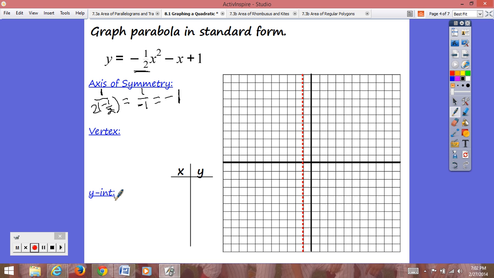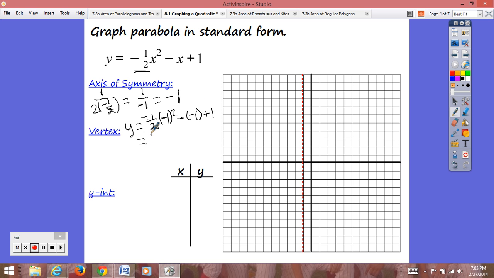Then if we want to find our vertex, plug negative 1 in for x, solve for y. So we get y equals negative 1 half times negative 1 squared minus negative 1 plus 1.